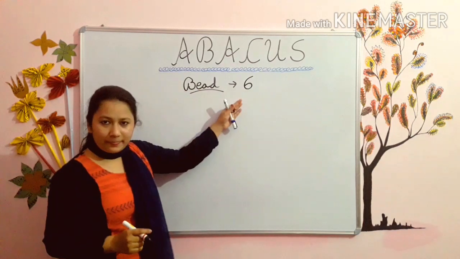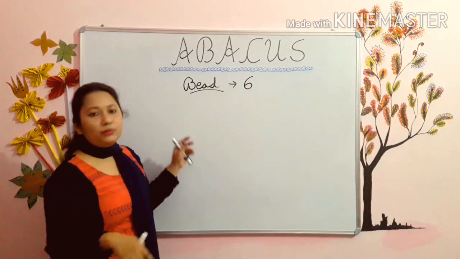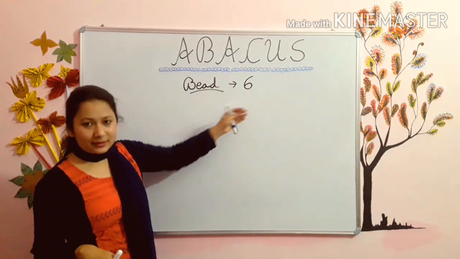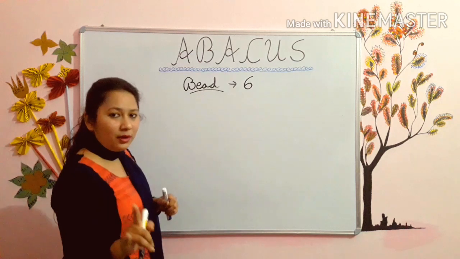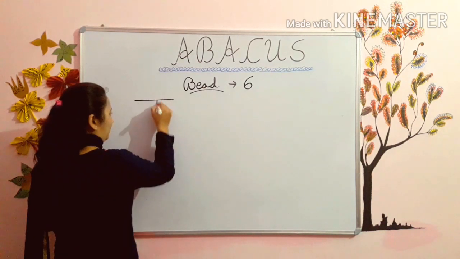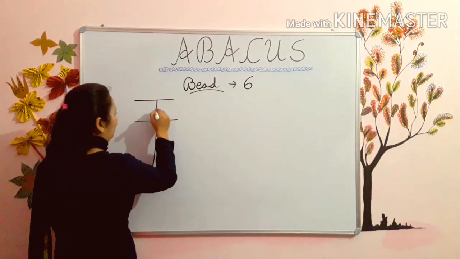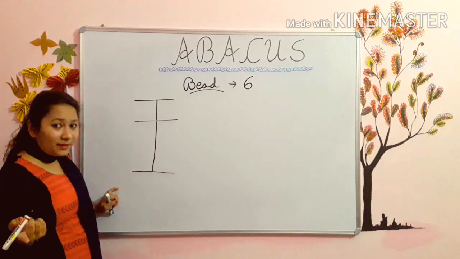Now today I will tell you how to make beat 6. Today we will do beat 6. Now see, first of all we will make beat 5. Where will I make the beat?